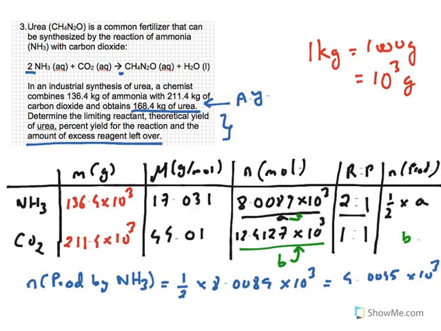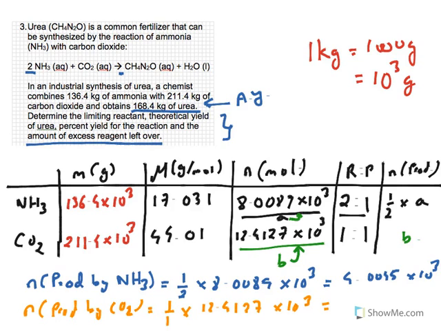Similarly, the moles of product produced by carbon dioxide will be equal to 1 over 1, because the ratio is 1 to 1, times 12.4127 times 10 to the power 3.